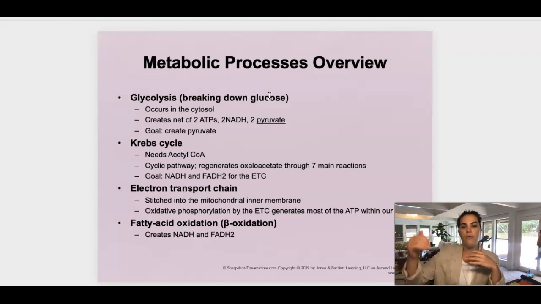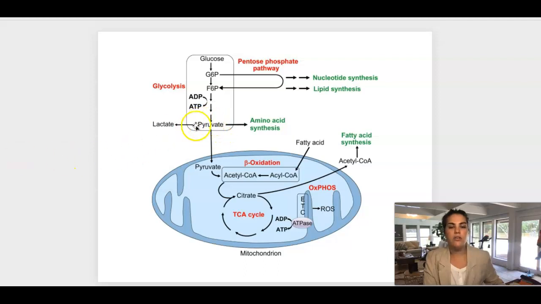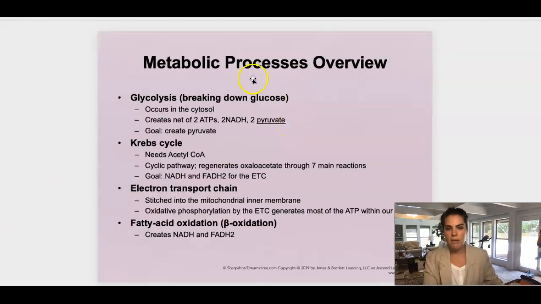Okay, so before we get into the mitochondria, we're going to create pyruvate that'll eventually be converted into acetyl-CoA and into citrate. Okay, so while the main goal of glycolysis is to break down glucose into pyruvate, we're also making ATP itself and NADH, okay, that can be utilized elsewhere as well.